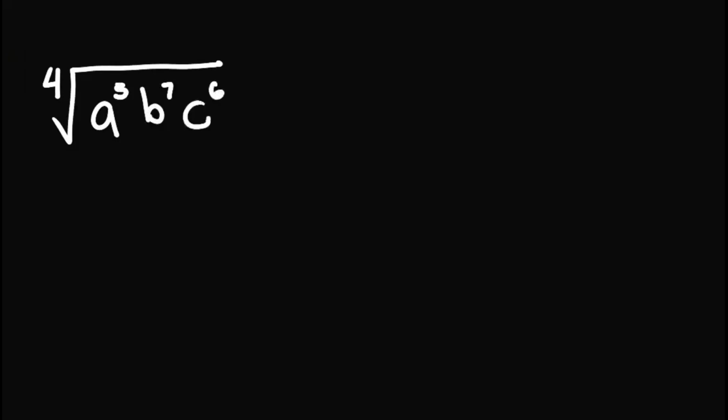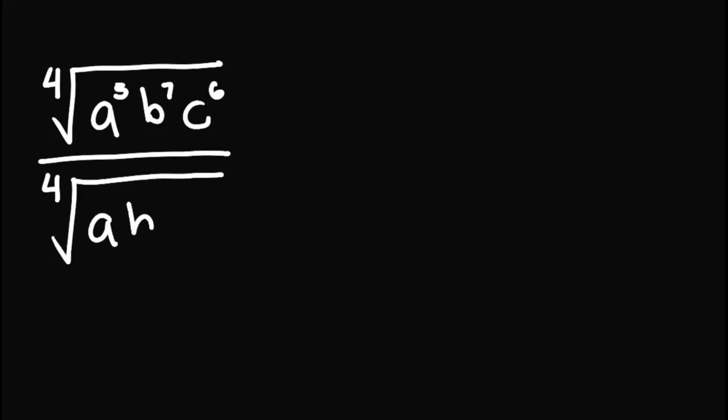Let's try this third example. Let's have the fourth root of a raised to 5, b raised to 7, c raised to 6 all over the fourth root of a b squared c raised to 6.